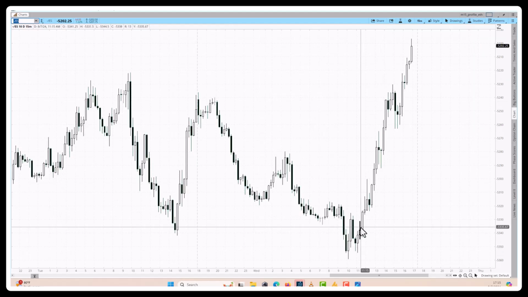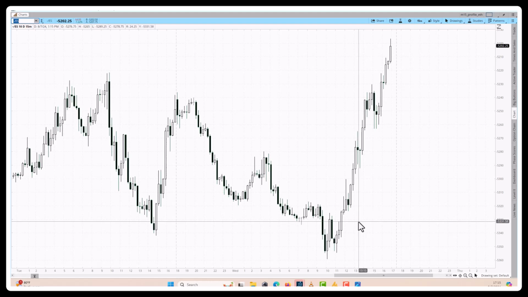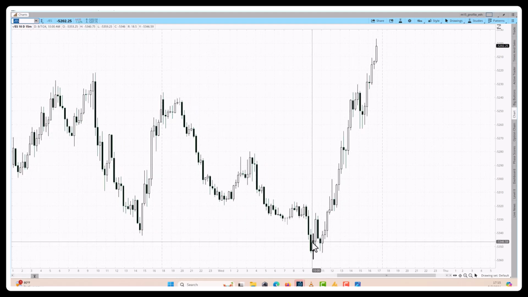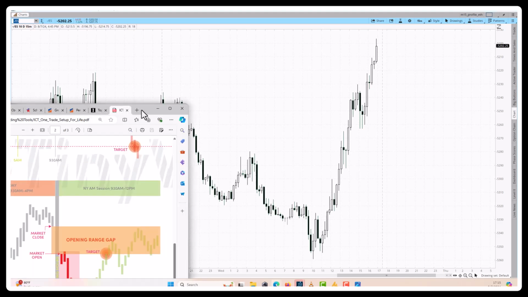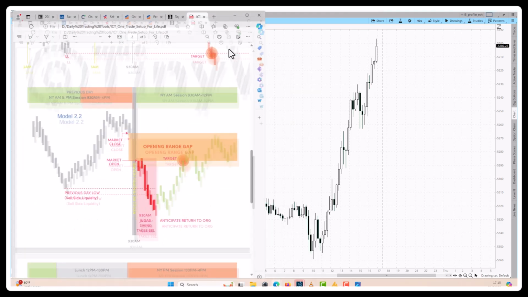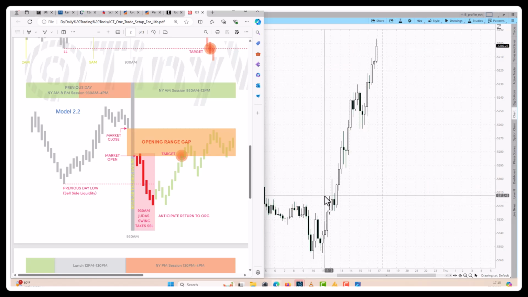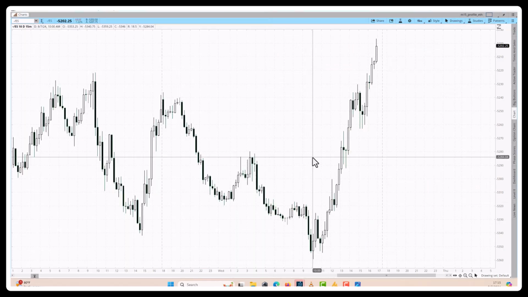You see that there? That's what we are talking about right there, exactly ICT. You can look at them side by side right here.